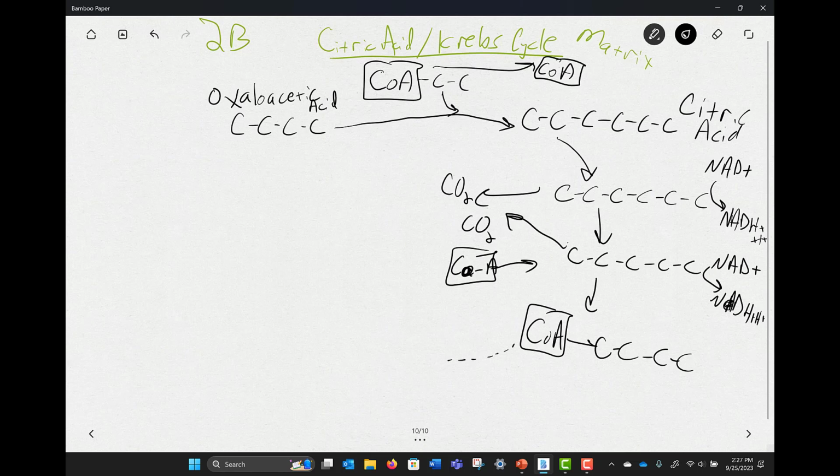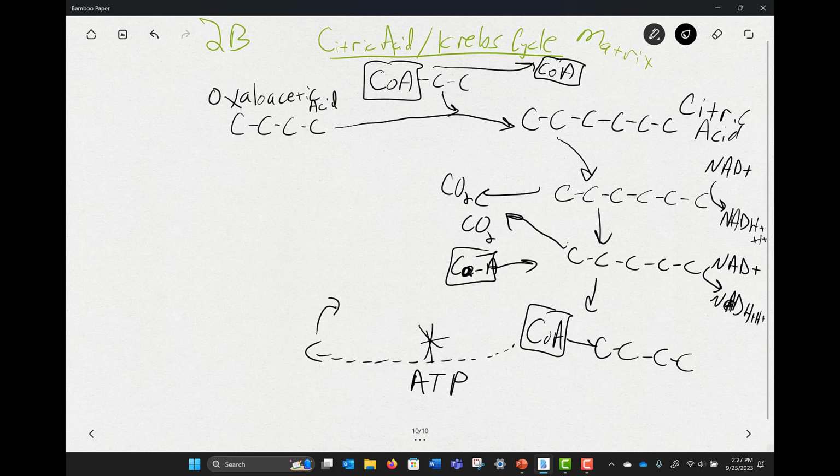So what I like to do is I say some magic happens and we gain a molecule of ATP. If you are interested in what happens there, you can text me, you can email me, and I'll let you know. But we are just going to say some magic happens and we get a molecule of ATP.